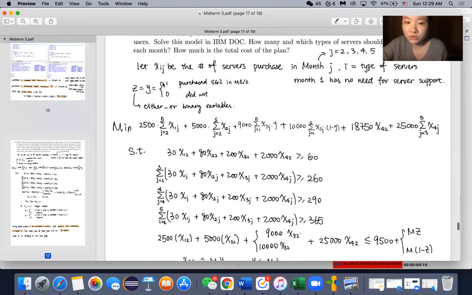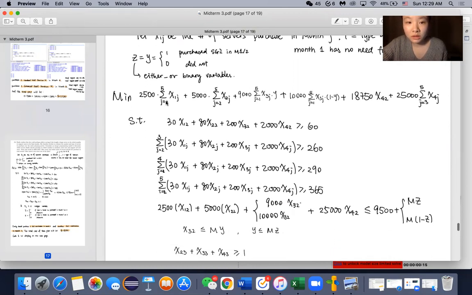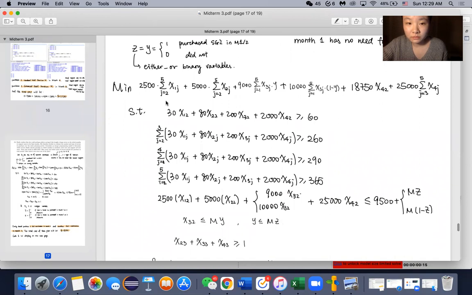And then I set 2 binary variables. Both of them represent whether or not to purchase the SGI in month 2 or 3.